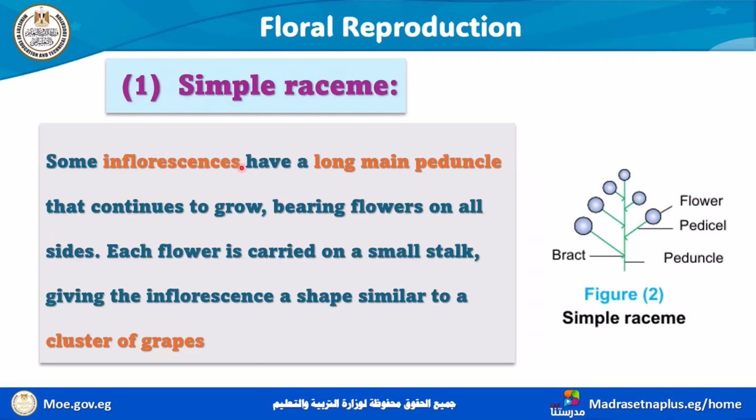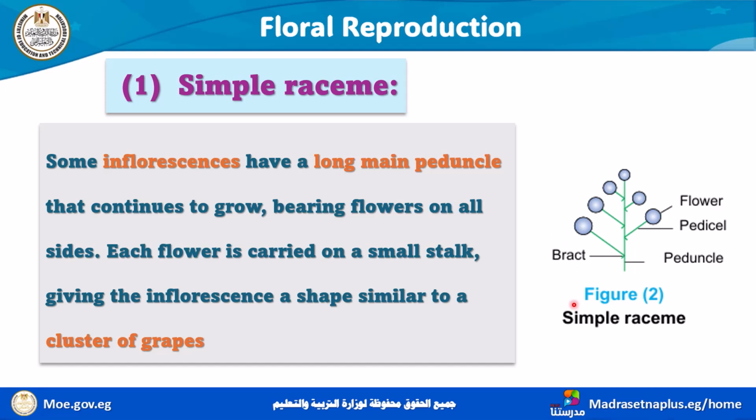The first type is the simple raceme. Some inflorescences have a long main peduncle. This is the long main peduncle that continues to grow, bearing flowers on all sides.